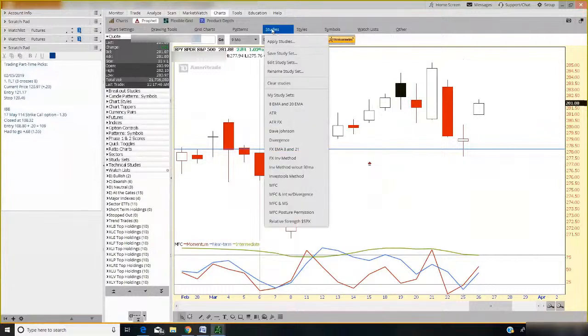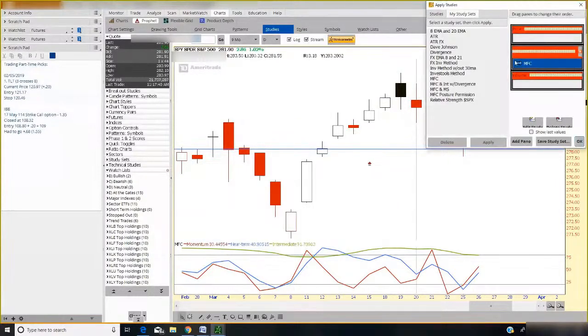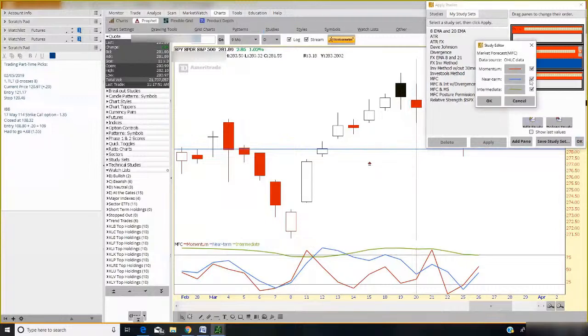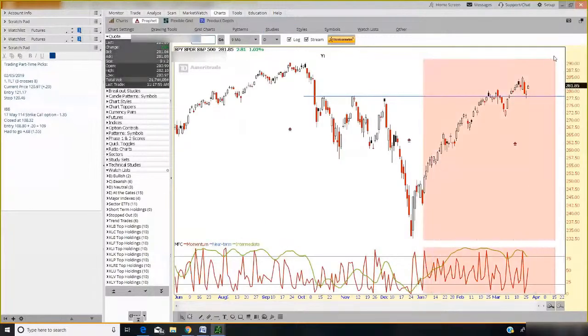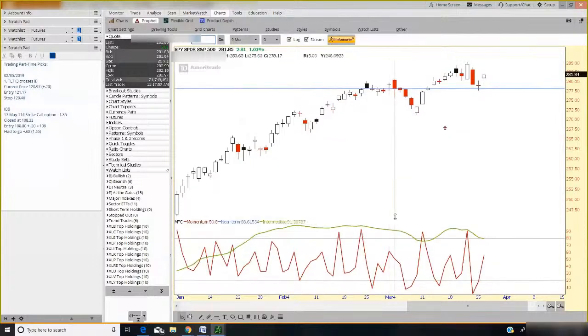So if I go up here to studies, and again, I'll do a separate video, edit, I just want to go in here and erase this blue line. Now, I have videos in the past. So we're going to have this green line and this red line. The green line represents the near-term momentum. I've talked about this in many, many videos, and I will do another one on it.